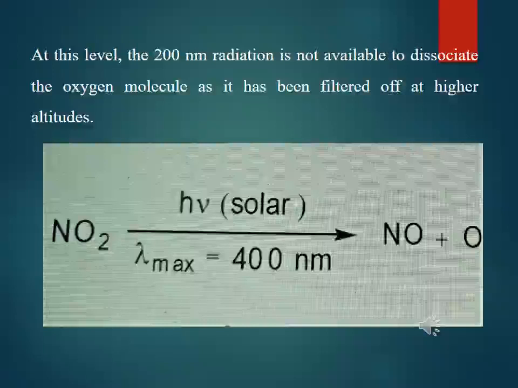Here, nitrogen dioxide, in the presence of ultraviolet radiation whose maximum wavelength is about 400 nanometer, in the presence of heat energy of 400 nanometer, is converted into nitric oxide and oxygen. This is the atomic oxygen. This atomic oxygen then reacts with oxygen to form the O3 molecule here.